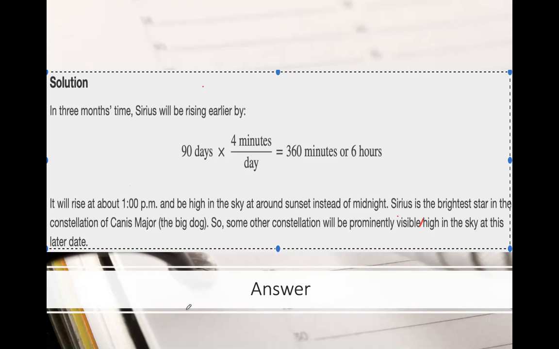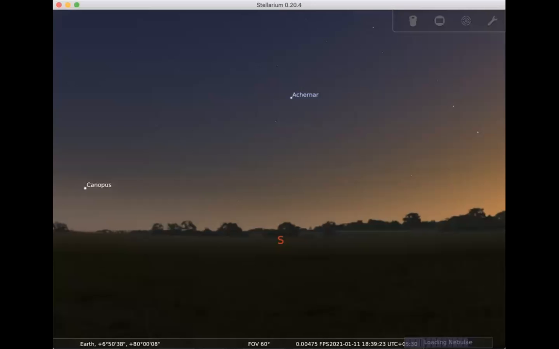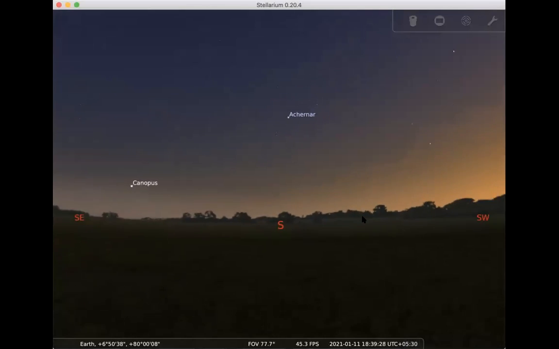Now, as an example, let me show you something from the software that I am using, Stellarium, which we can see in real time. So let me stop sharing this for a moment and go to the Stellarium software. Right. I would assume that you can see my software right here.